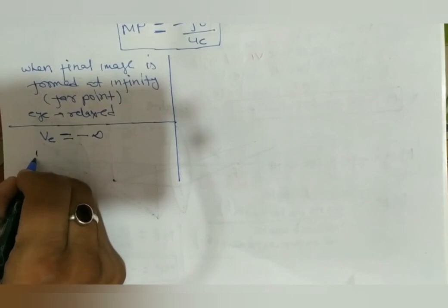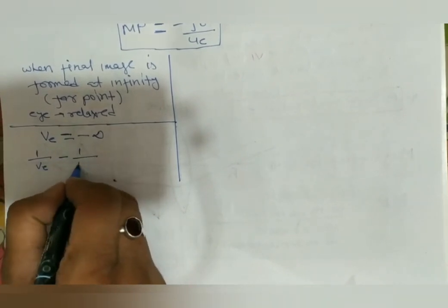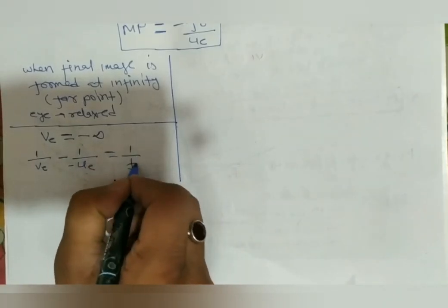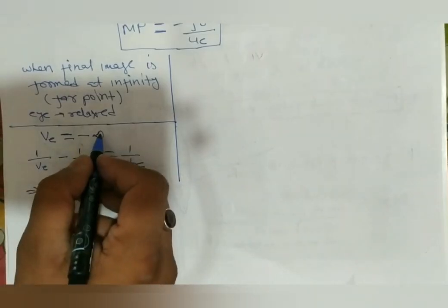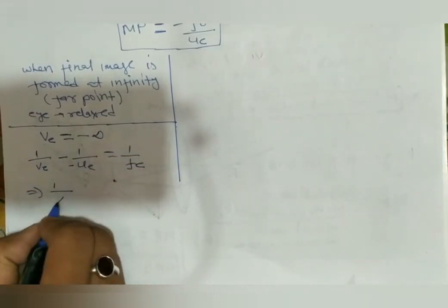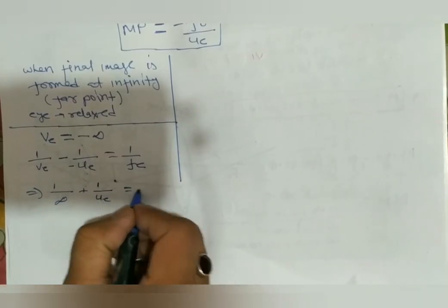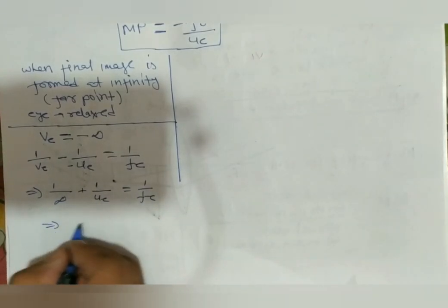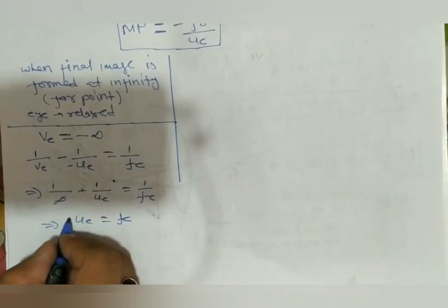Now we have the formula 1 upon VE minus 1 upon UE equal to 1 upon FE. As VE is infinite, it will be 1 upon infinite plus 1 upon UE equal to 1 upon FE. So UE is equal to FE.